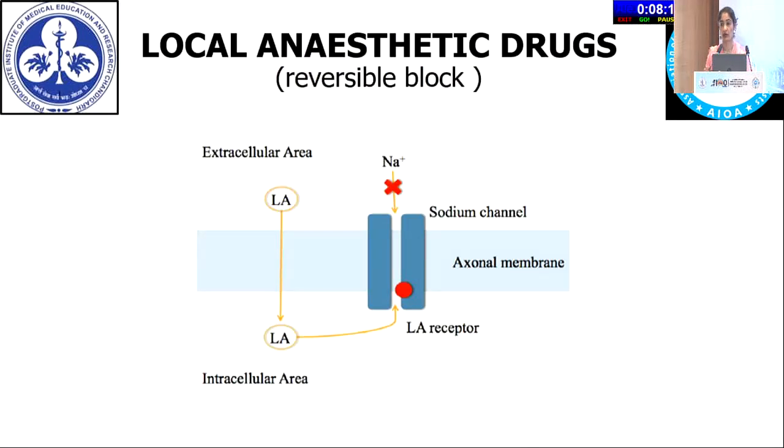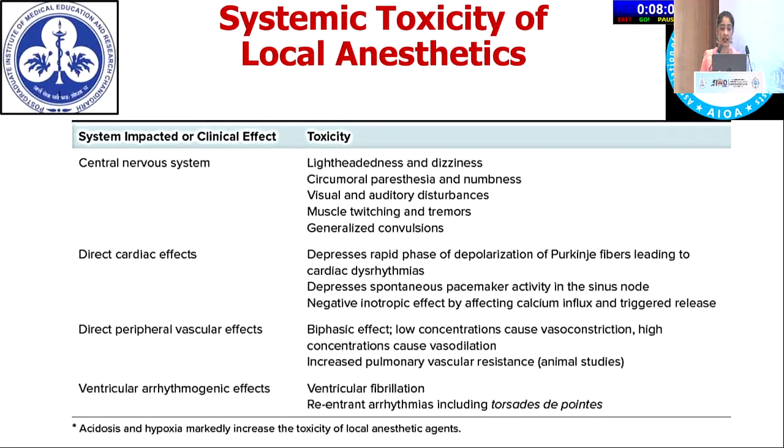The most important and most dreaded is local anesthetic toxicity. We all know the mechanism of action of local anesthetic drugs, and we know about the spectrum of local anesthetic toxicities. Now, how do you identify that a patient has developed LAST? The patient can have a CNS complication or a CVS complication, which is one of the most common.